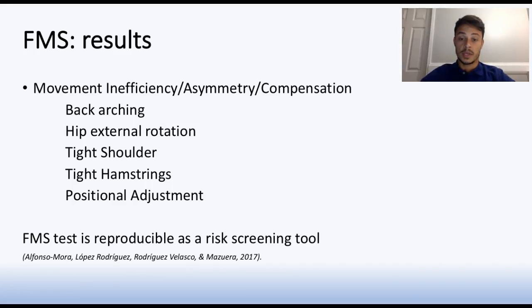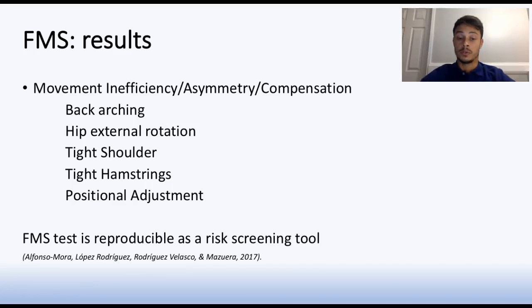Very interesting. I found a study that stated the FMS test is reproducible as a risk screening tool. Very interesting study. They used amateur soccer players, and they did the FMS test with them.